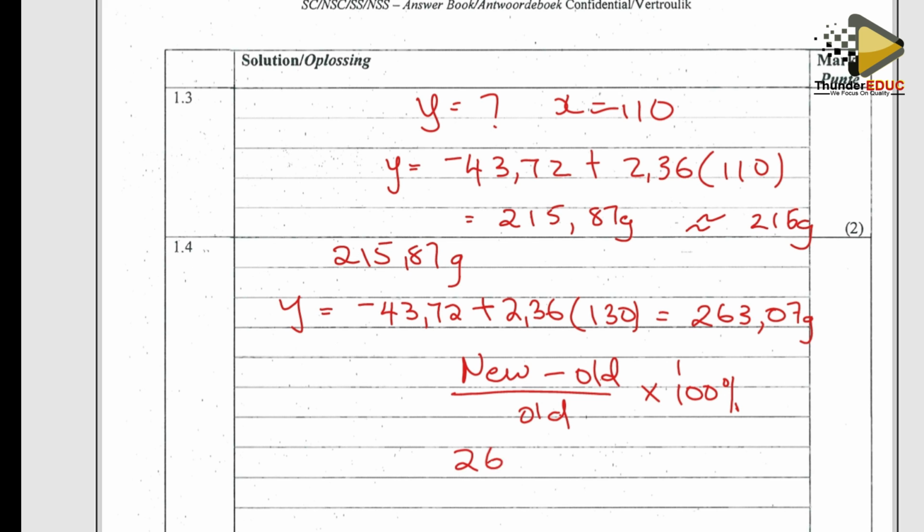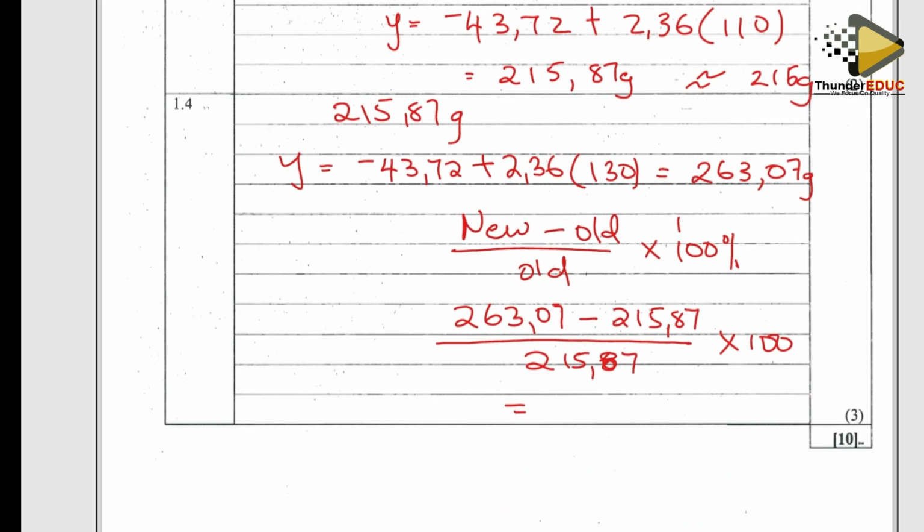So our new weight is 263,07 minus the old weight, which is 215,87, dividing it by 215,87, and then I'm multiplying this by 100%. I punch that into my calculator, and I end up with 21,87%. So that is how I would have gone about 1.4.